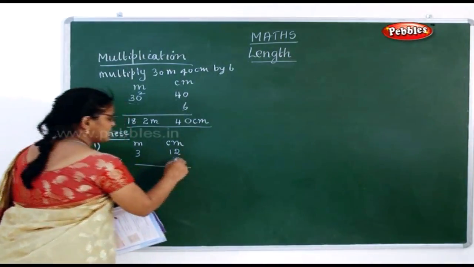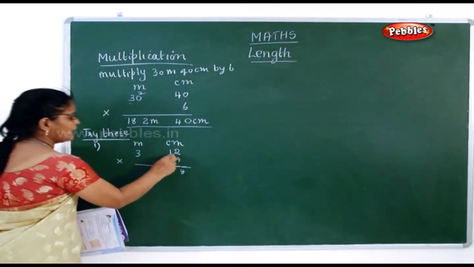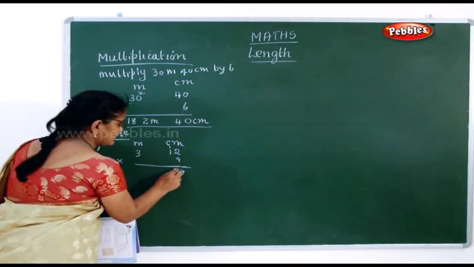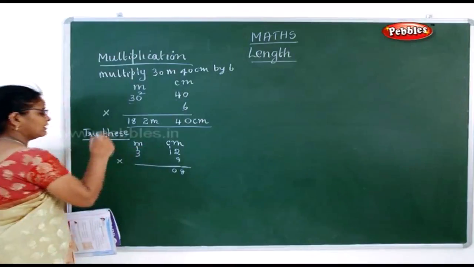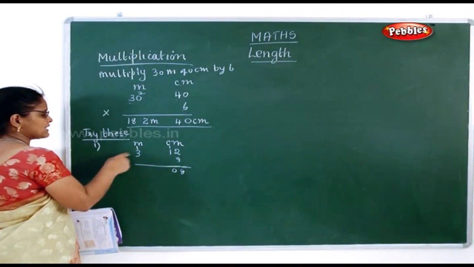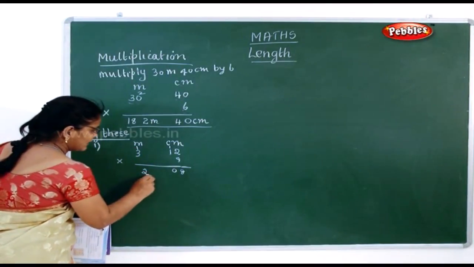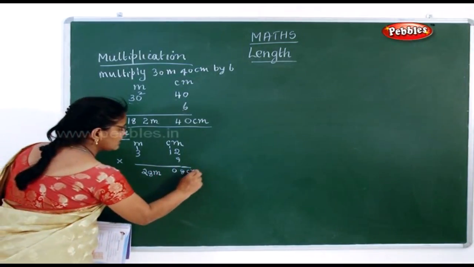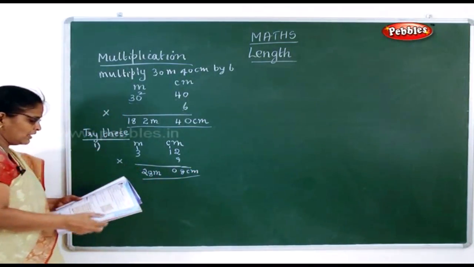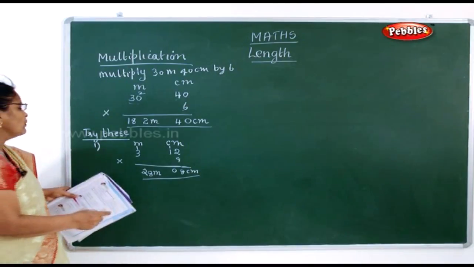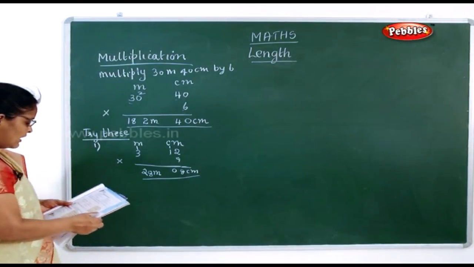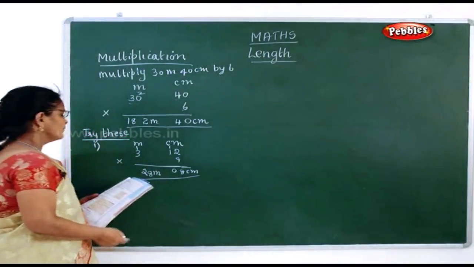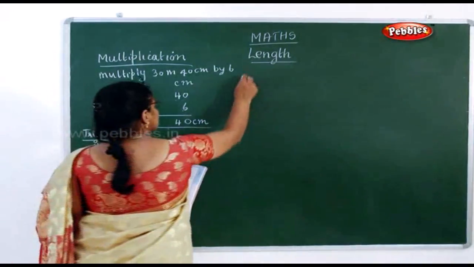Now 2 9s are 18. 1 you have to put here. 1 9s are 9. 9 plus 1, 10. You put 1 here. 3 9s are 27. 27 plus 1, it is 28. So you have to put 28 meter 08 centimeter. 28 meter and 8 centimeter.